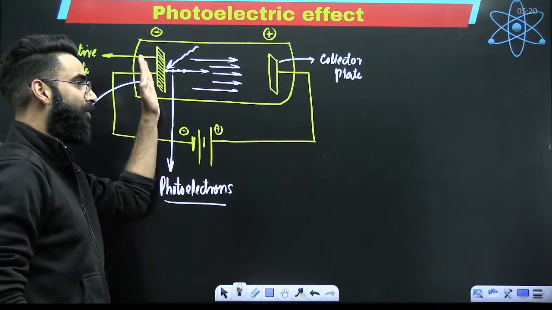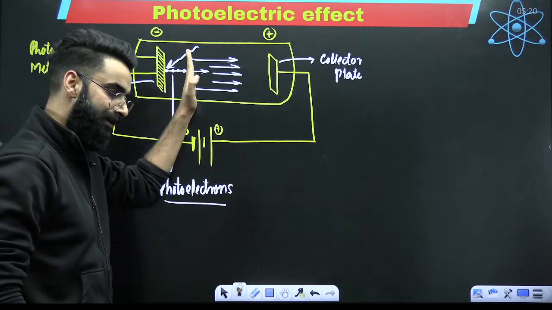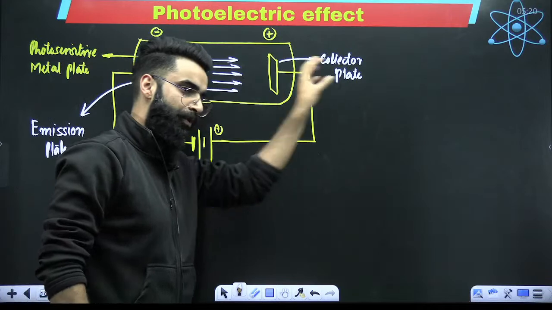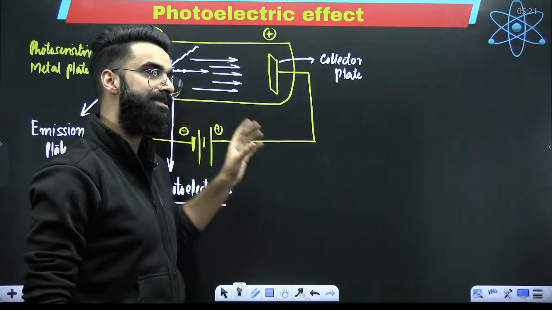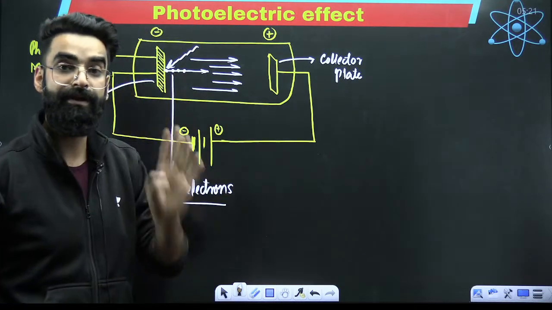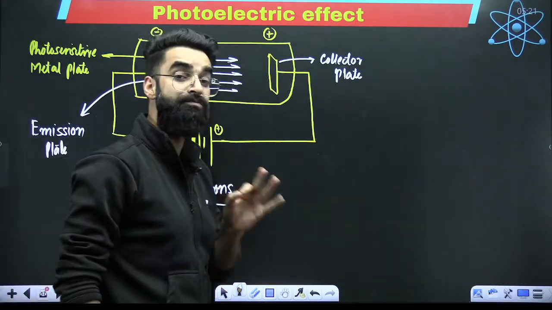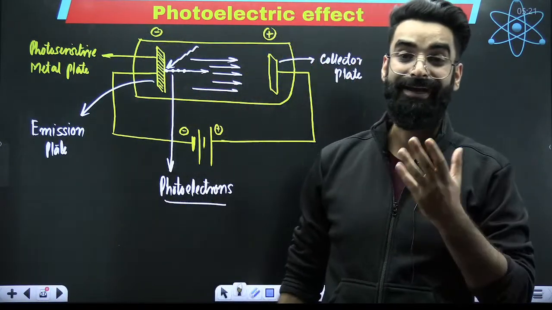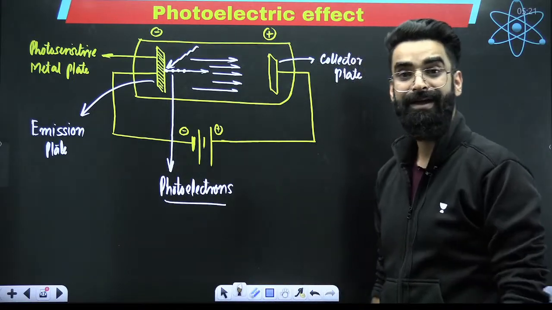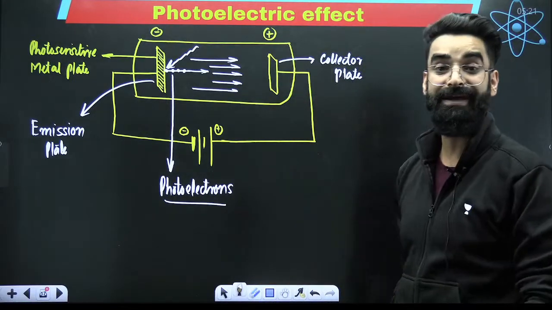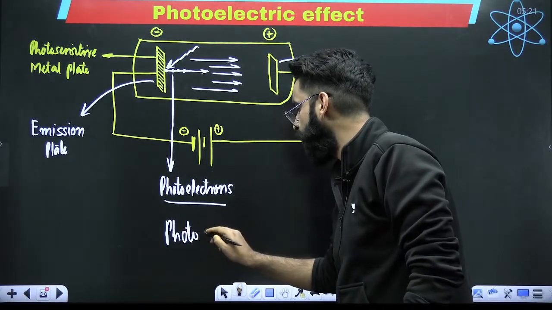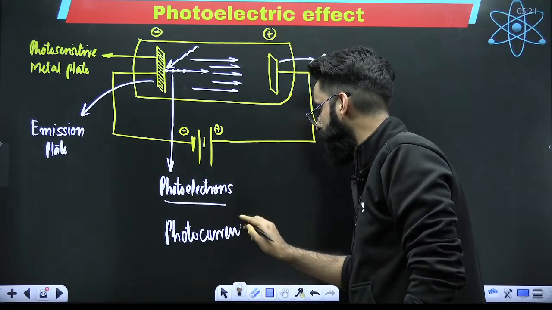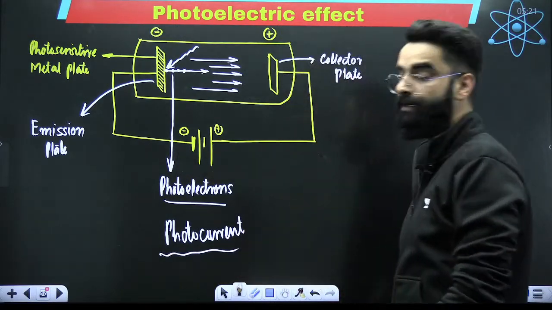Once these photoelectrons come out from the surface of the metal, they start moving towards the collector plate, right? Due to which they are moving in a particular direction. And whenever charge moves in a particular direction, it leads to the generation of current. That current which is generated over here is what you call photocurrent.